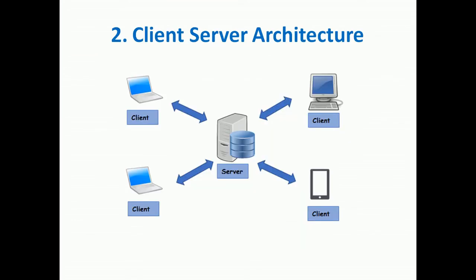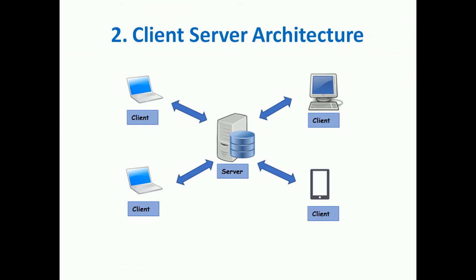The next architecture is client-server architecture. In client-server architecture, there is a server. In this diagram, there is a server and there are 4 clients. Server provides the services and client uses the services. For example, if any student wants to see his or her result, in his or her mobile, he enters his roll number and presses enter, and within some time he gets his result from the server.